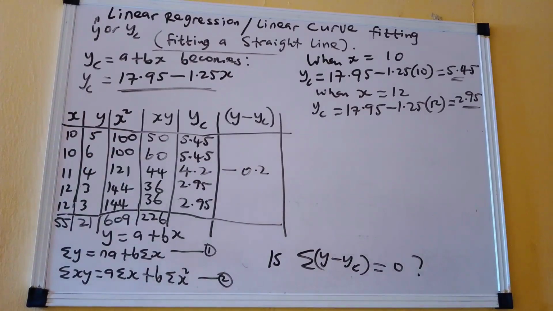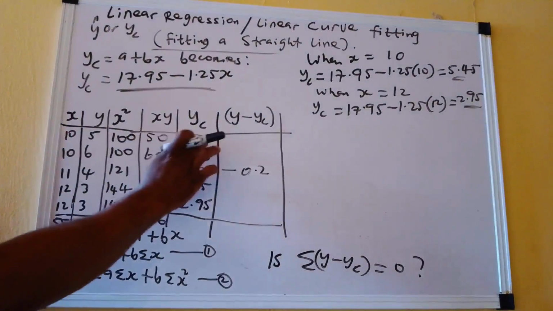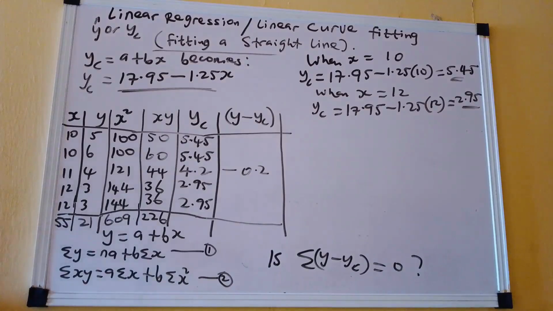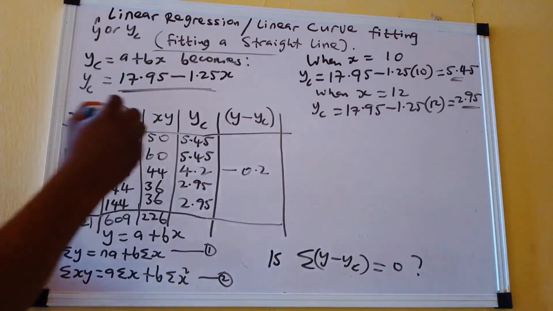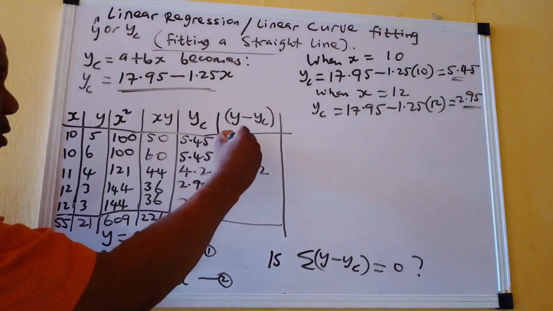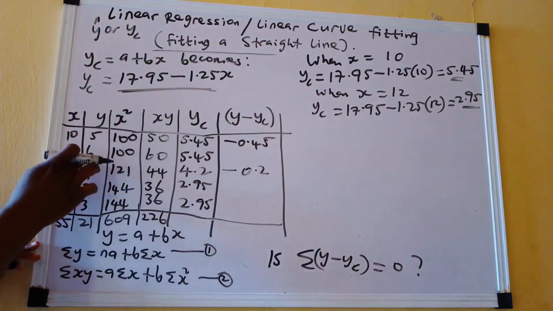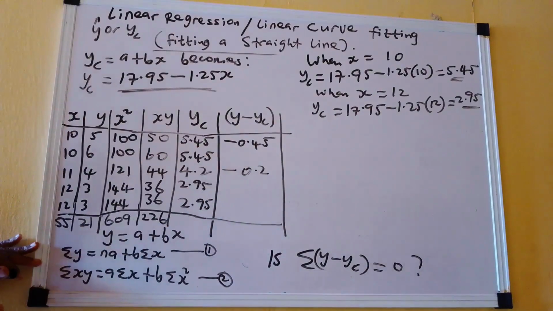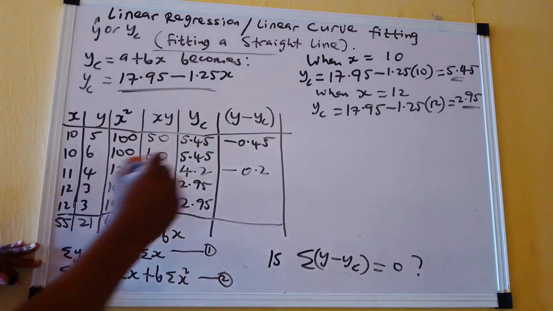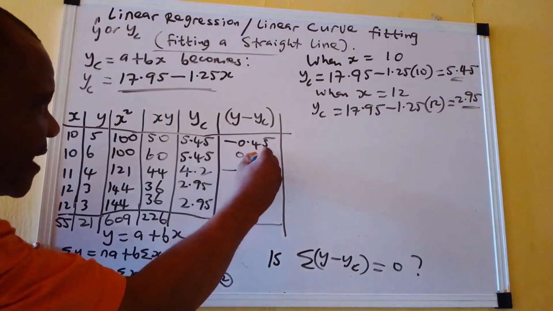So 5 minus 5.45 will be equal to minus 0.45. The next value of y is 6. 6 minus 5.45 will give you 0.55.